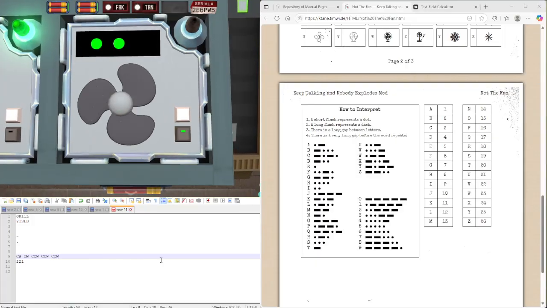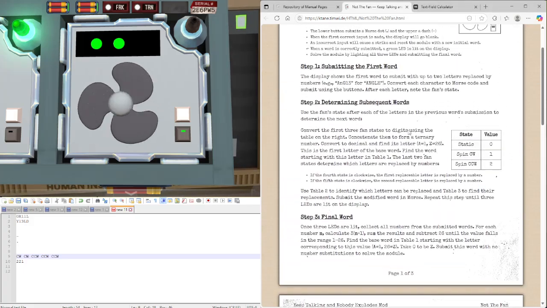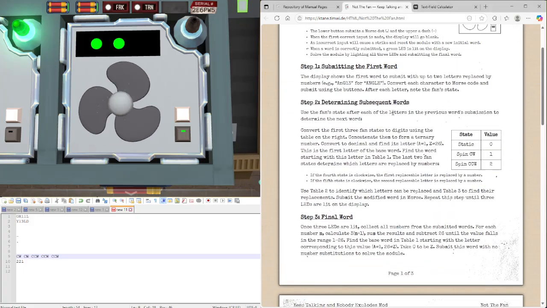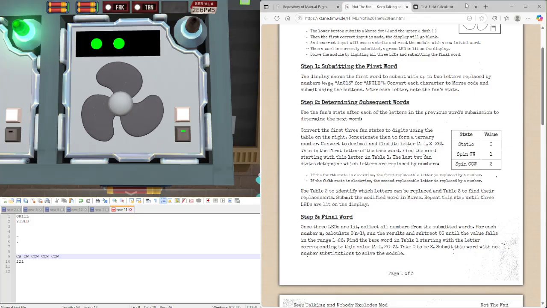So in this case we're just going to be submitting the word this time, because both of them were counterclockwise.